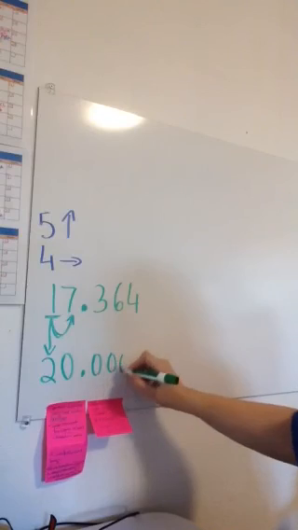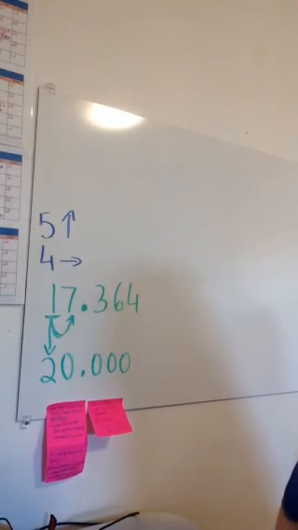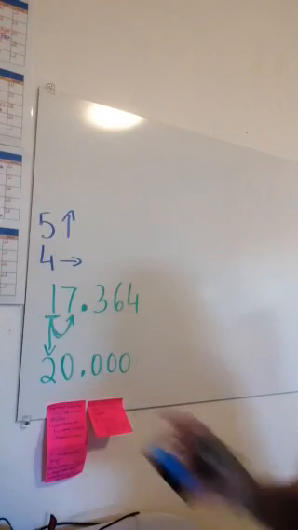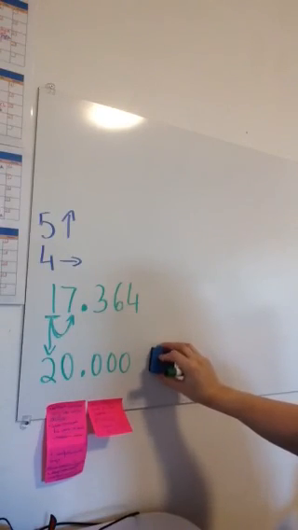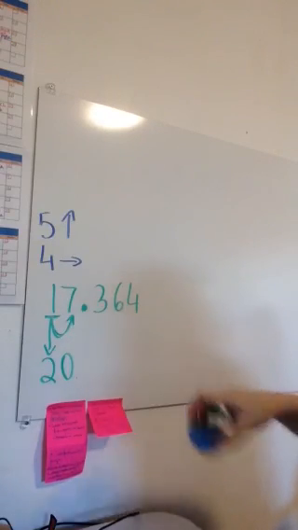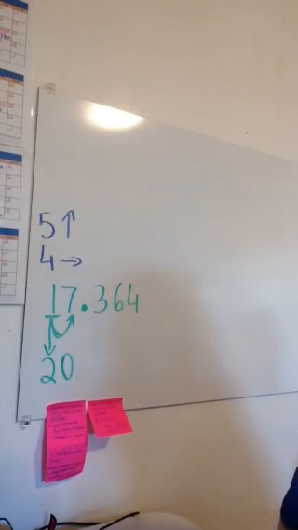Decimal 0, 0, 0. Again, because I'm dealing with decimals, do I need to keep them if they are zeros? No. Be careful though, don't erase this one. You need to keep that one. And your new number is 20. If you have any questions, don't hesitate to ask.